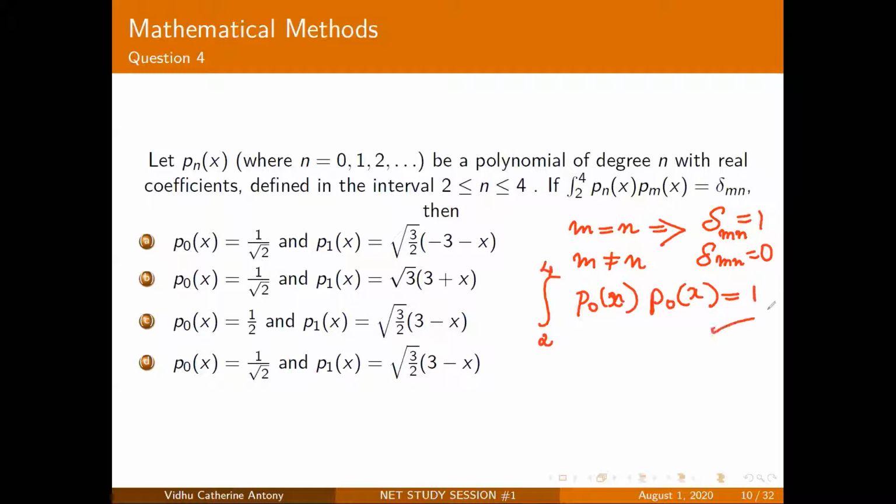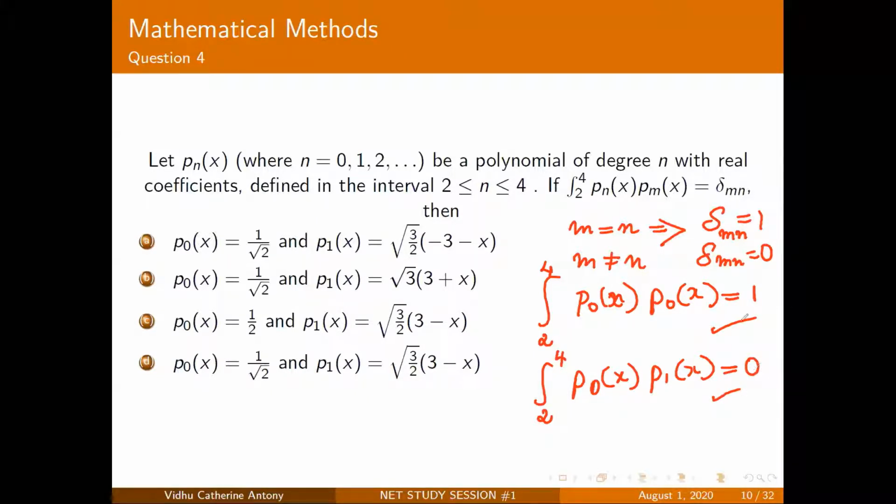If you're getting 1, that is a correct version of P0 of x. Then you take the integral from 2 to 4 of P0 of x and P1 of x, and check if you're getting 0. If you're getting both these things, then that is the option.